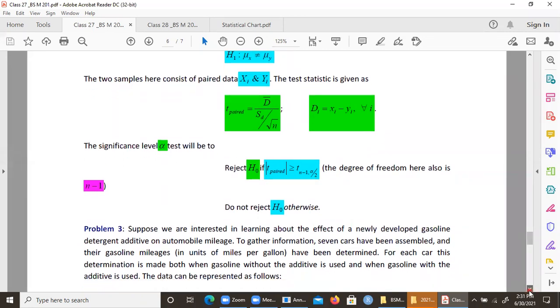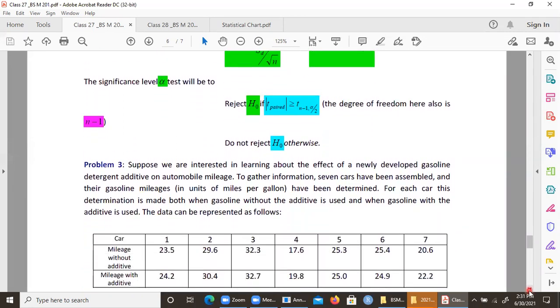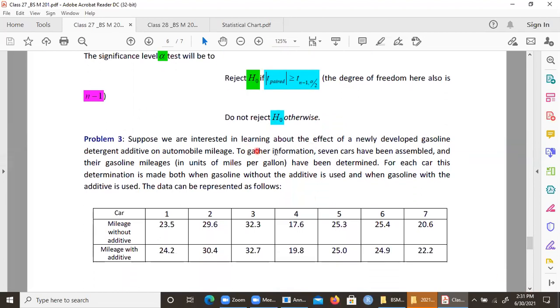So here is a problem for you. Suppose we are interested in learning about the effect of a newly developed gasoline detergent additive on automobile mileage. To gather information, 7 cars have been assembled and their gasoline mileages have been determined. For each car, this determination is made both when gasoline without the additive is used and when gasoline with the additive is used.